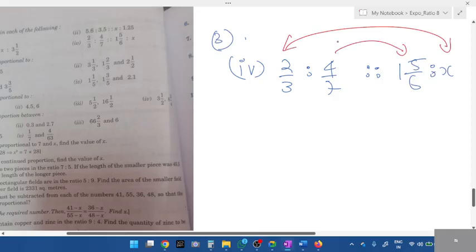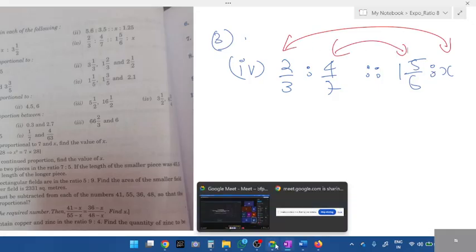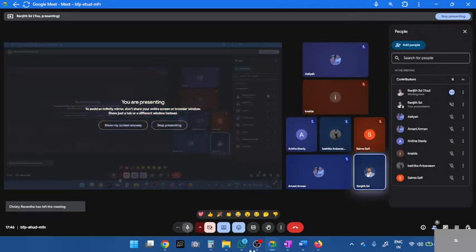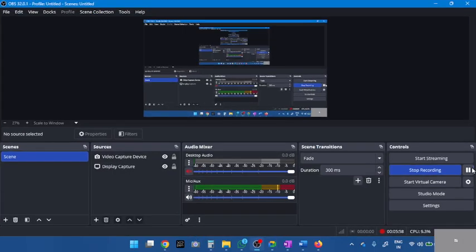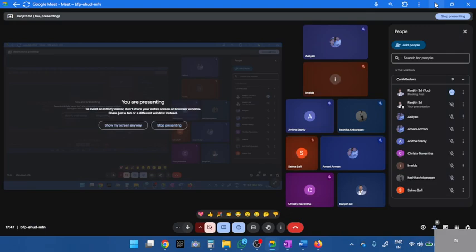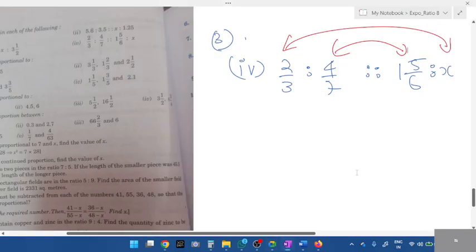Use product of means is equal to product of extremes. See, if any one value is missing, you don't need to take LCM, students. If you want, you can do it directly. I'll show you both the ways.